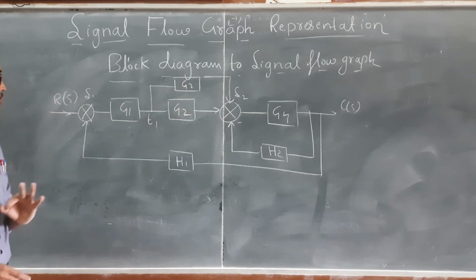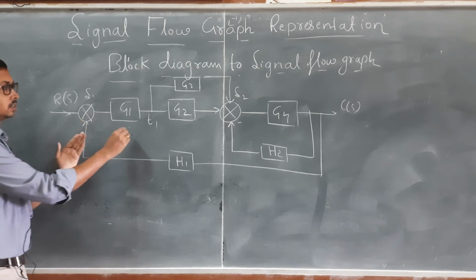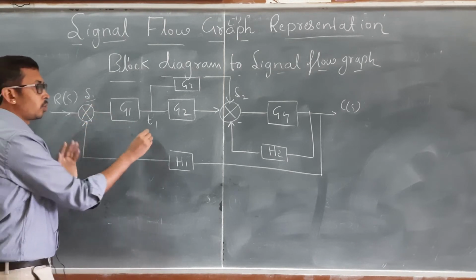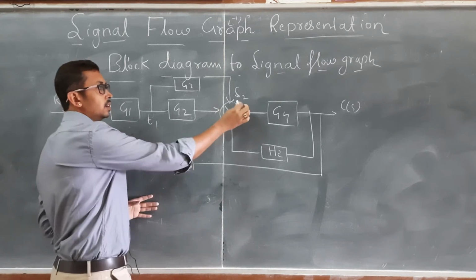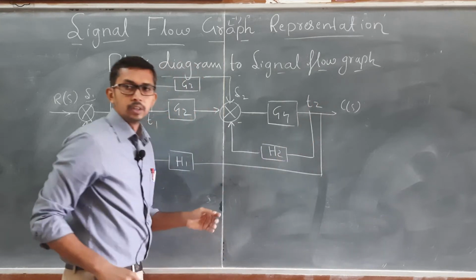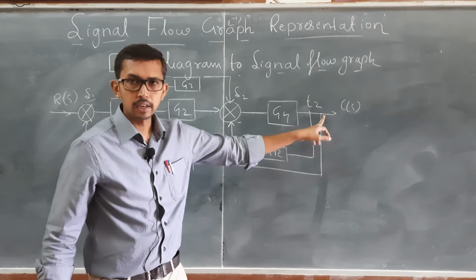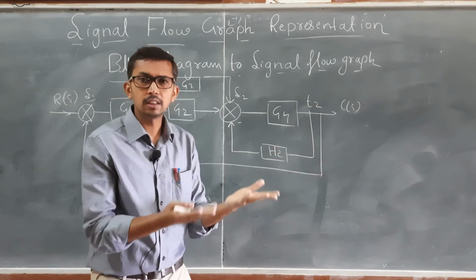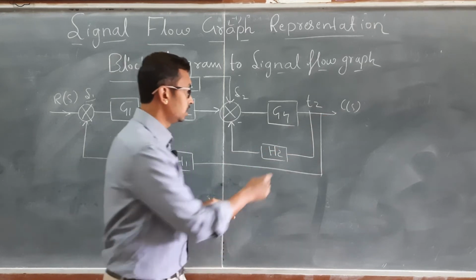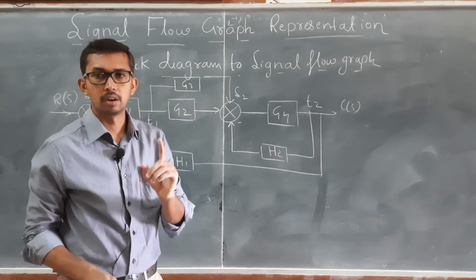What we have to do is consider summing point 1, and give the naming: summing point 1, takeoff point 1, summing point 2, and here takeoff point 2. Here we can consider that two summing points are there. But there is no block between them, so in that case we can consider this as one single takeoff point.